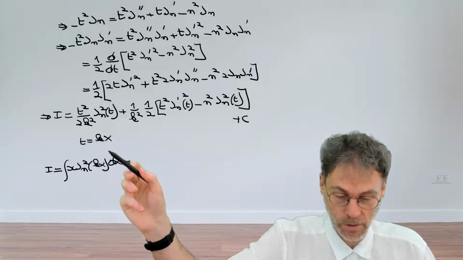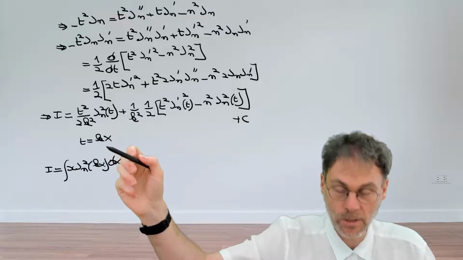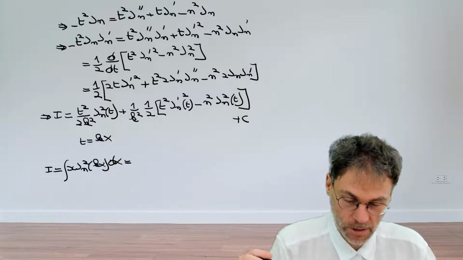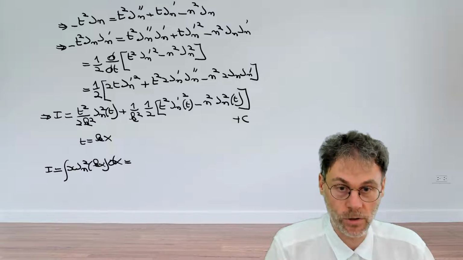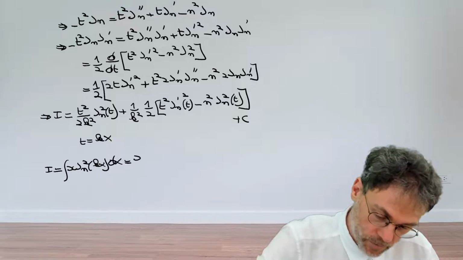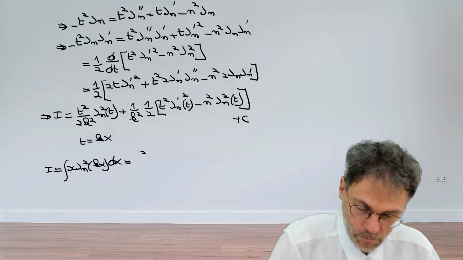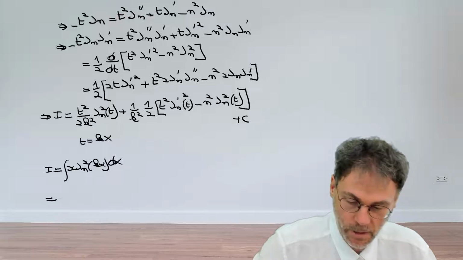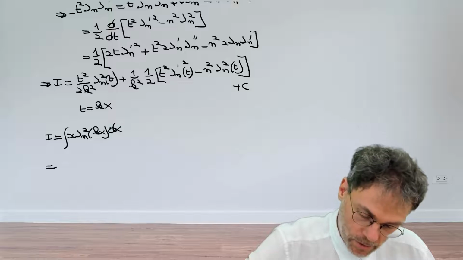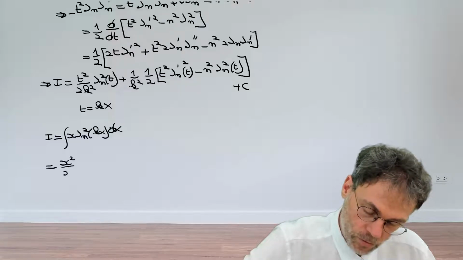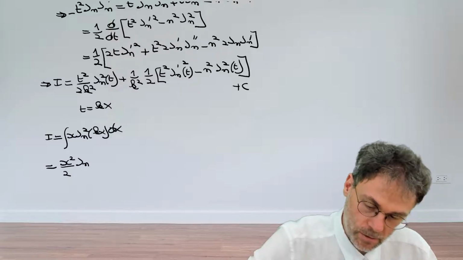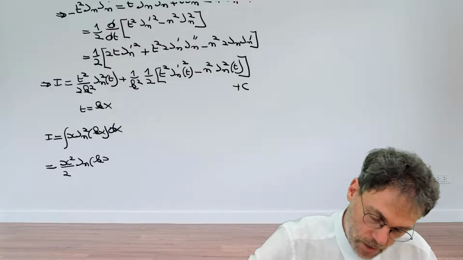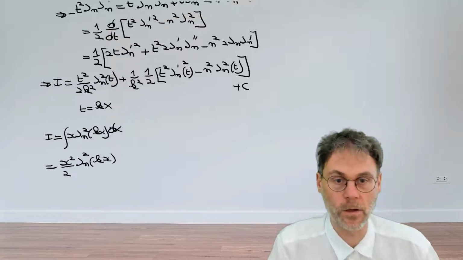So here we have t over k, so t over k, that's just x. So this is going to be x squared over 2. Jn of t is equal to kx squared.